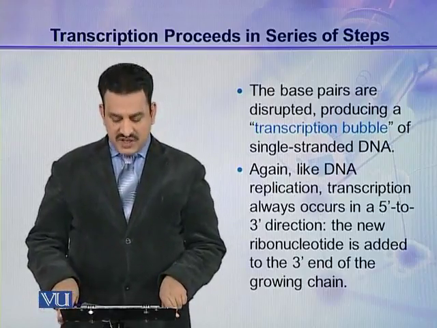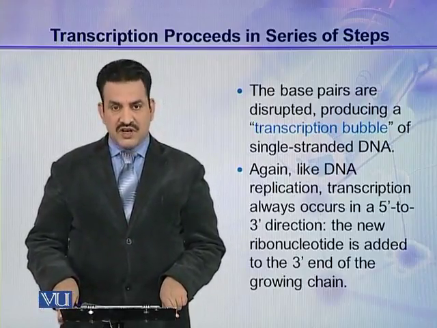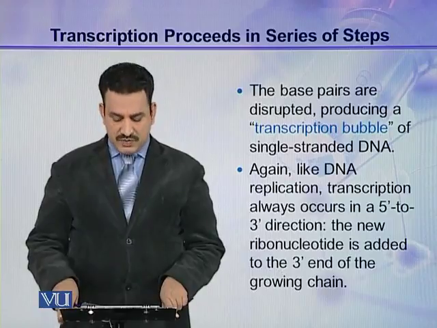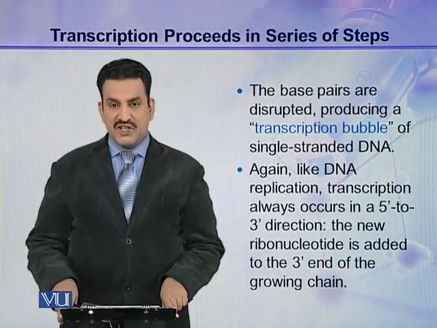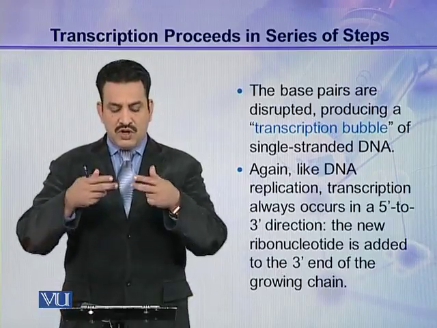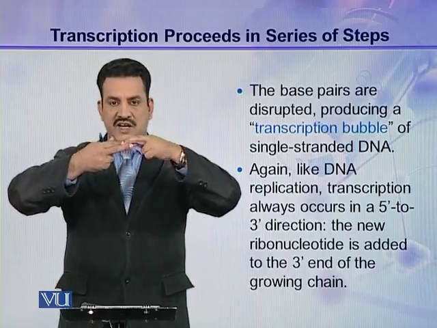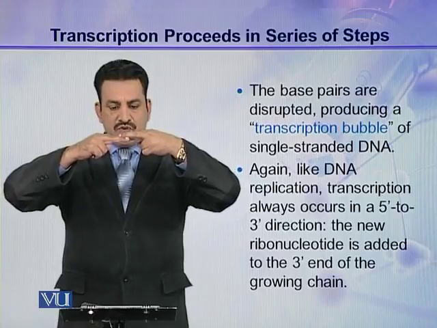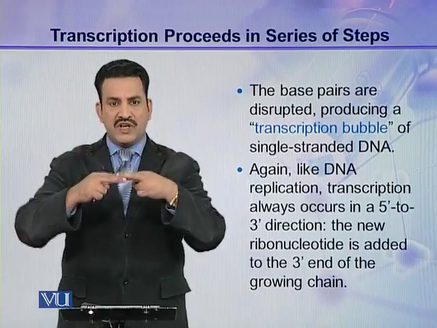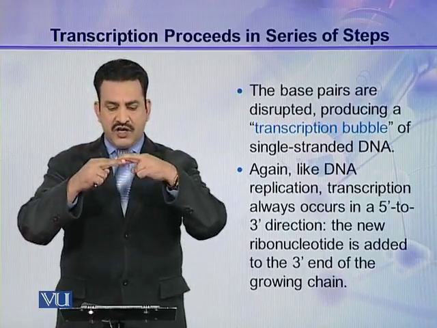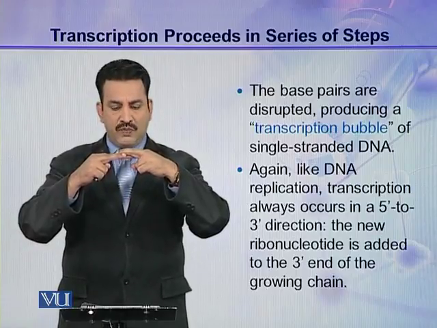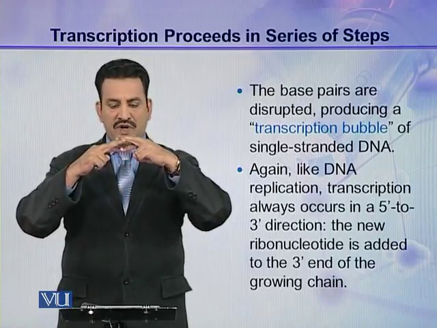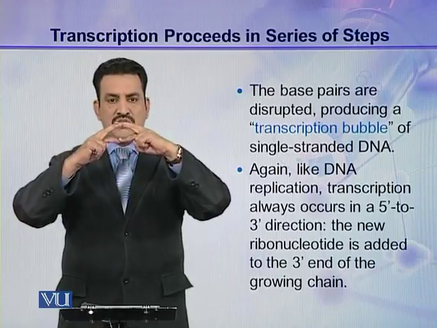The base pairs are disrupted and they produce a transcription bubble of single-stranded DNA. So if DNA is helically coiled and double-stranded, from the site where initiation will start, it begins opening up, and after opening it forms a transcription bubble.